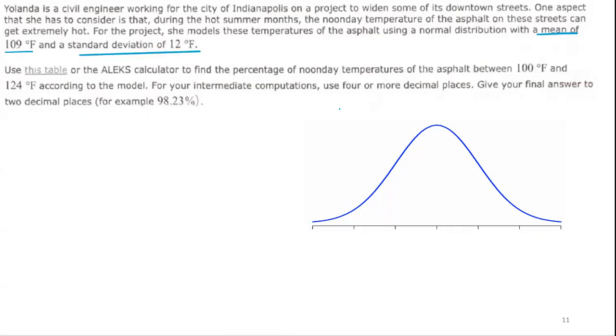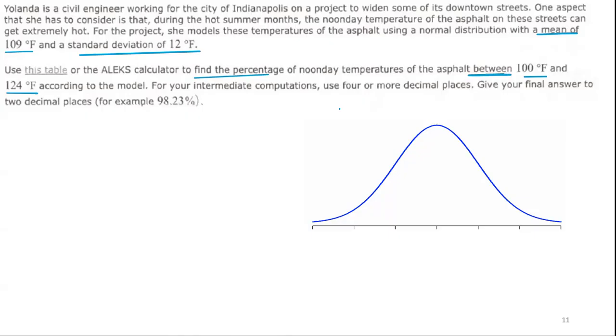We want to find the percentage of the temperatures of the asphalt between. So that's the keyword: 100 degrees Fahrenheit and 124 degrees Fahrenheit.